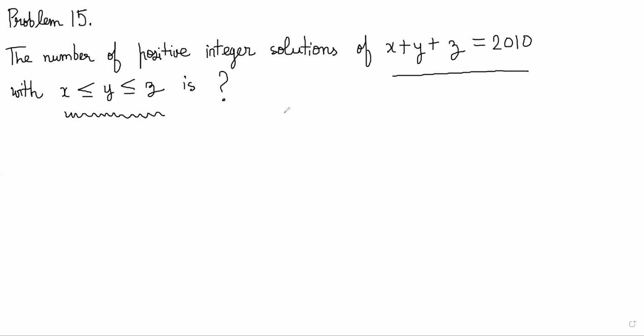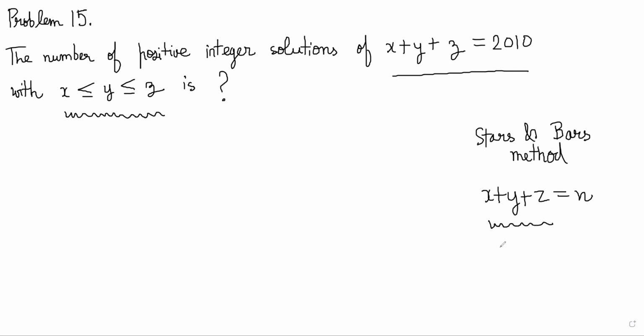Now, you might have been aware of the stars and bars method. The stars and bars method is a way to find the number of solutions of equations like x plus y plus z is equal to n. Here the number of variables could be even r variables. Right now r is 3.